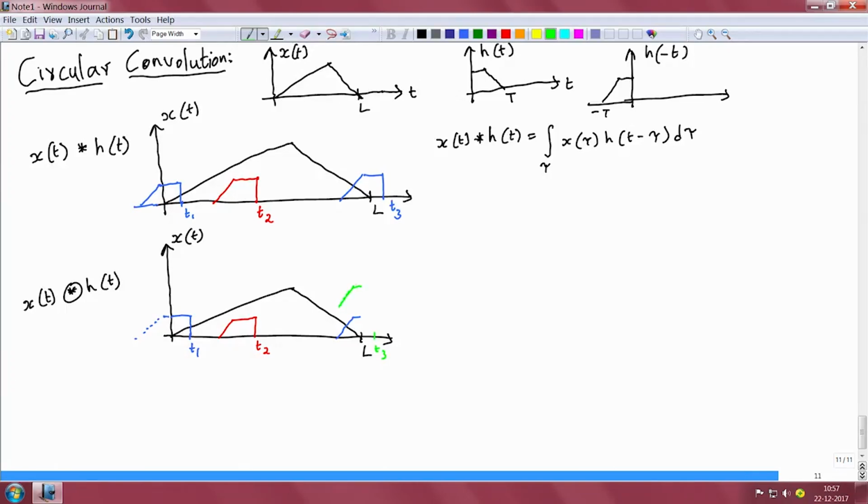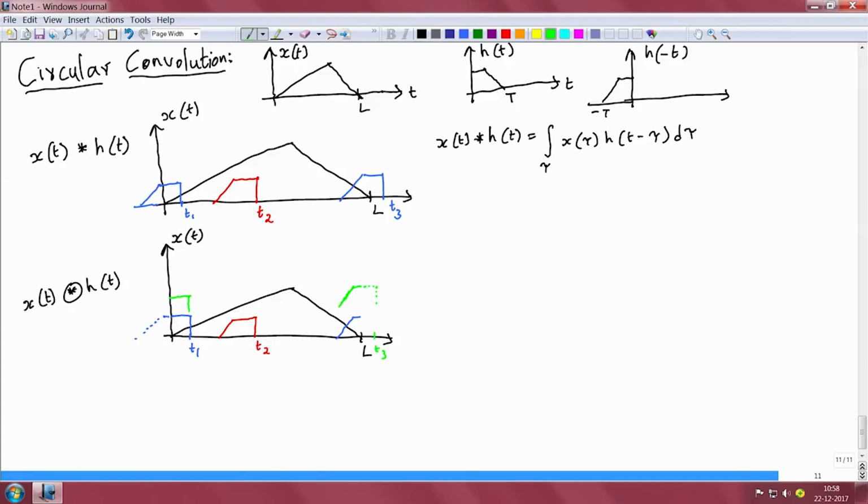Till this particular point we actually make the product, but this particular part of the signal is not overlapping with x1. So, what we do is we instead take this particular part back to the beginning of the signal, and then multiply these two signals and add them up. So, this is essentially the idea of a circular convolution.